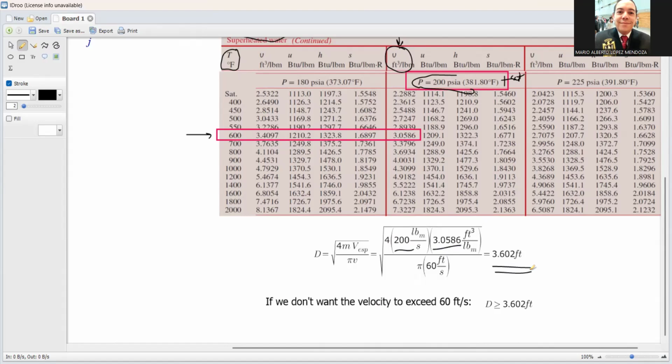So in this case, this is a minimum diameter because the diameter must be at least 3.6 feet.